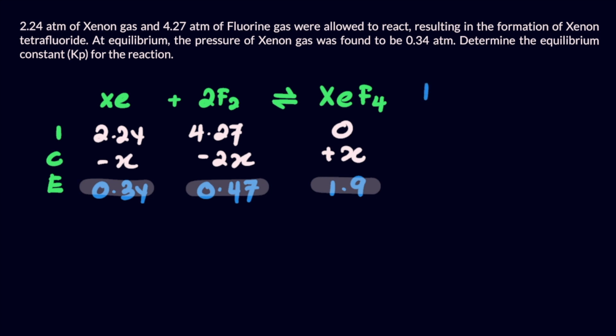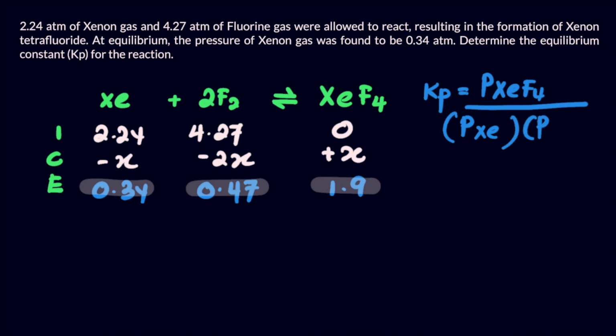The Kp is equivalent to whatever is in the product, which is xenon tetrafluoride, divided by whatever is in the reactants, the partial pressure of xenon times the partial pressure of fluorine gas, but because we have 2 here, to the power of 2.